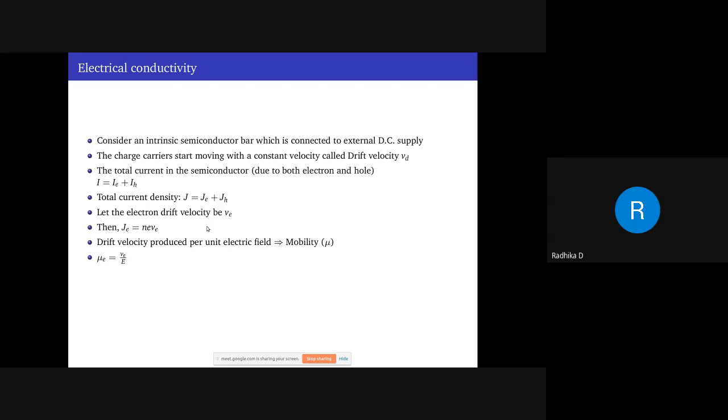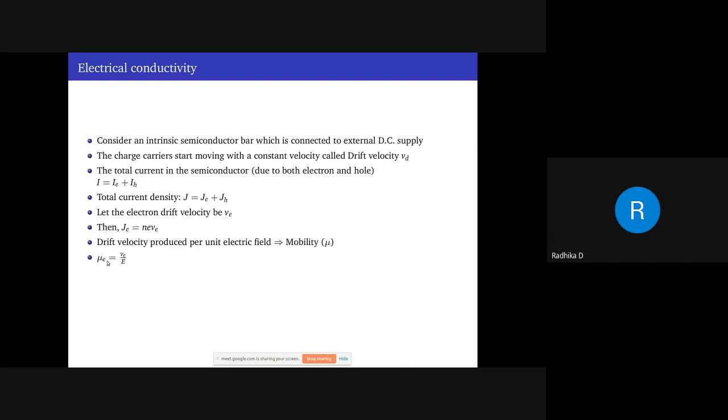So mobility is given by the drift velocity over unit electric field. I applied a potential, I gave a DC supply to the semiconductor. That applied potential results in an electric field across that semiconductor. So the velocity of the charge carrier divided by electric field gives what we call mobility.